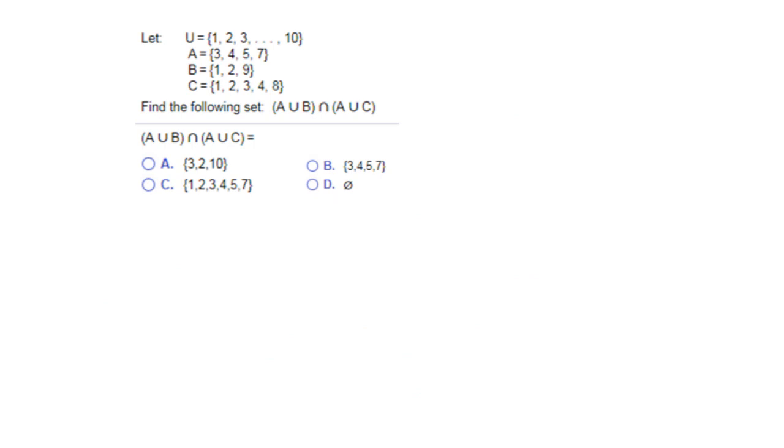So once again, we have our sets defined, the universal set and sets A, B, and C. And they want us to find a special operation. So we're looking at A union B in parentheses intersect with A union C in parentheses.